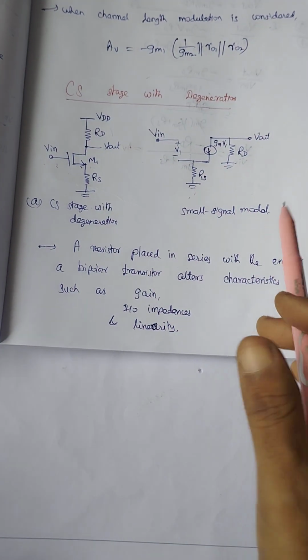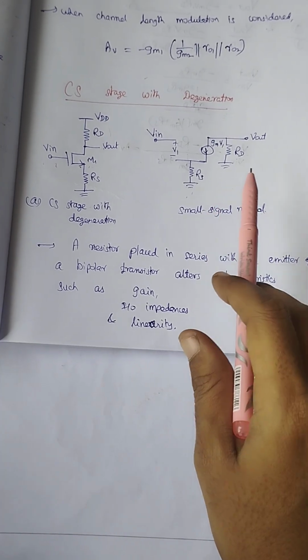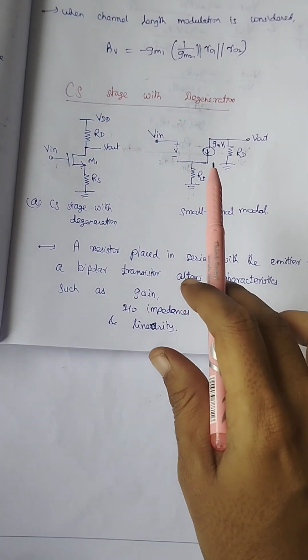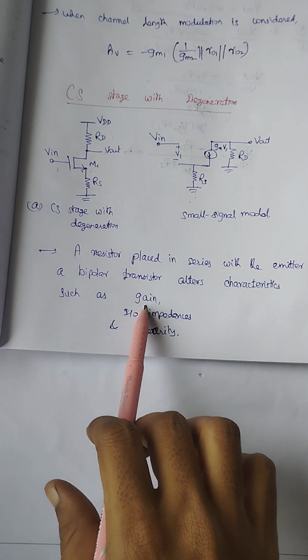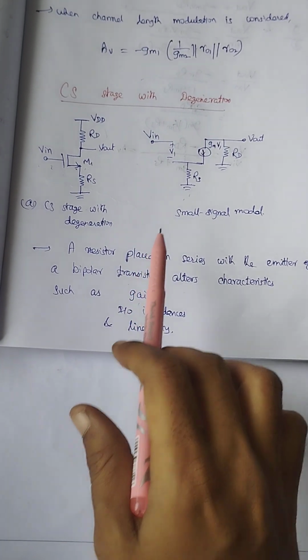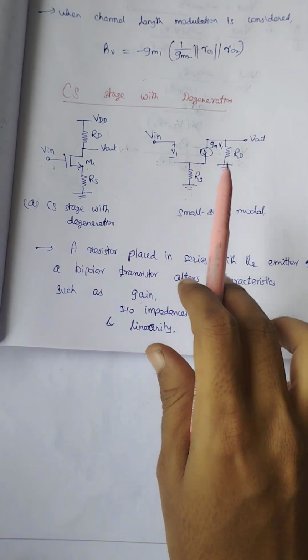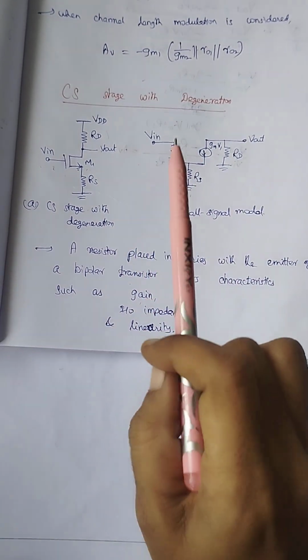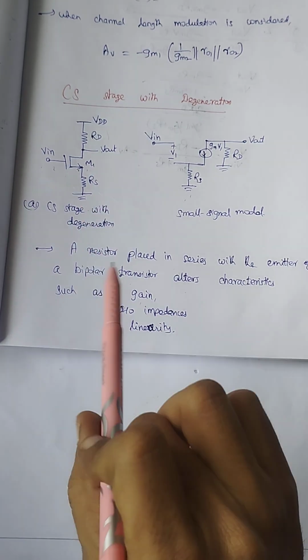Using the small signal model we are going to find the voltage gain. When you are considering bipolar transistor, that is common emitter with degeneration, there also at the emitter side we are having one resistor.